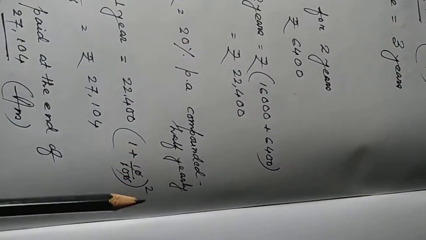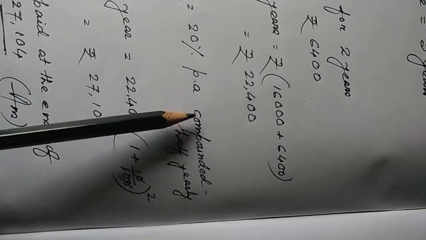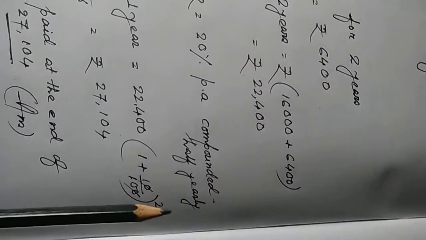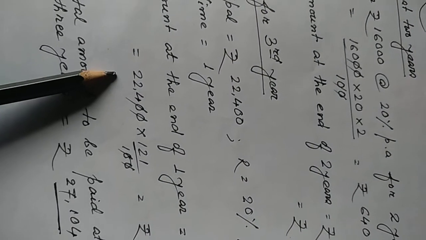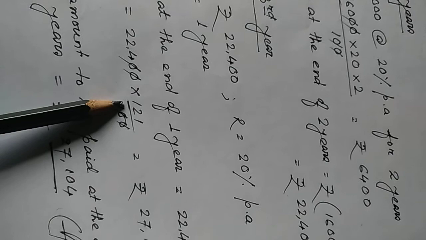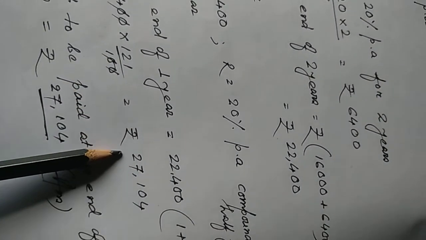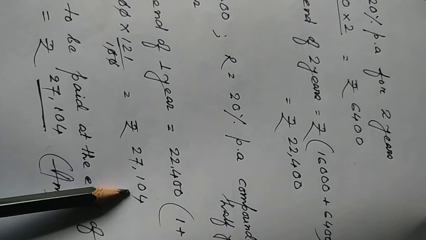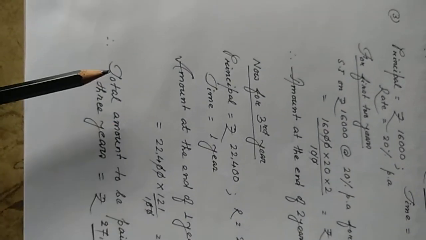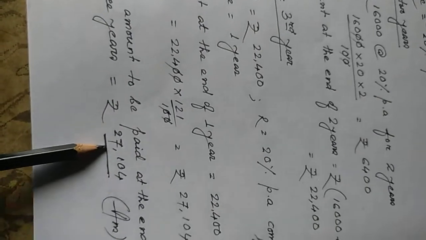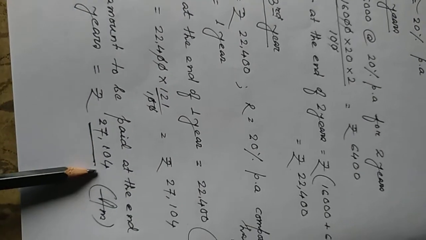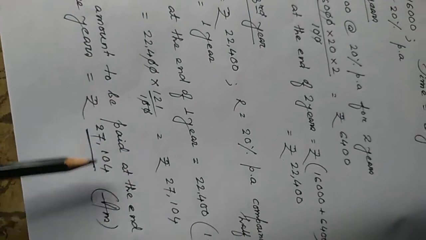I take half of this, that is 10%, as it is compounded half yearly. And for 1 year there will be 2 terms, so I write the power 2. Solving it, this is coming 22,400 into 121 by 100, so this will be 27,104. Therefore the total amount to be paid at the end of 3 years will be 27,104 rupees. This will be the answer.